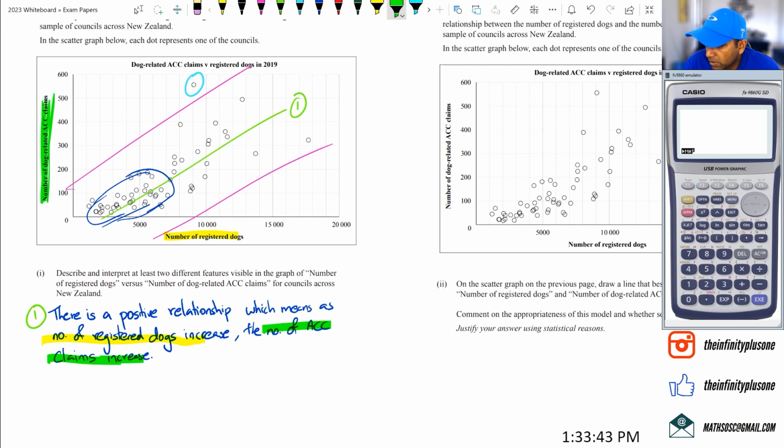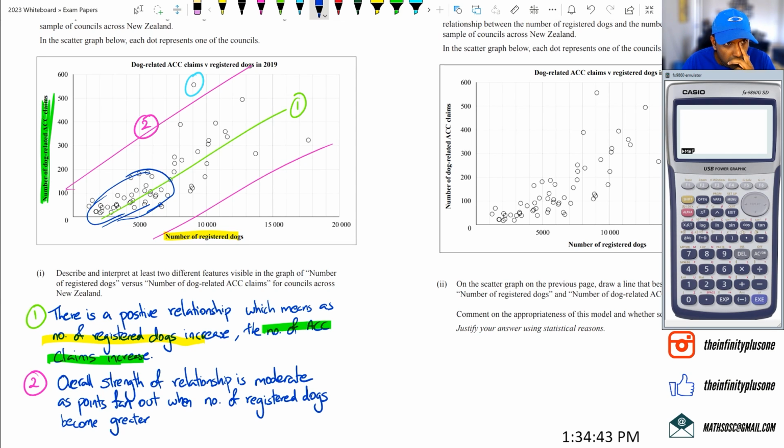The next one we're going to be looking at is the overall relationship. So bullet point number 2 is those two pink lines. That's the strength of the relationship. Now in this case it's moderate, as the points are spreading out a bit more when the number of registered dogs becomes bigger. So that's bullet point number 2.